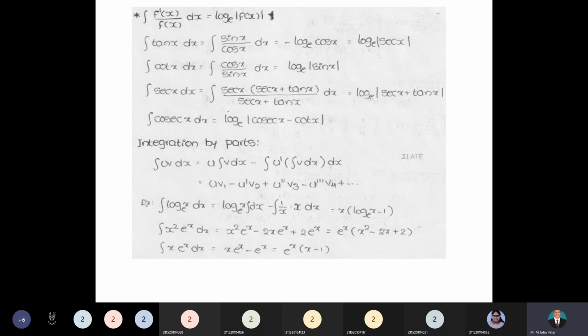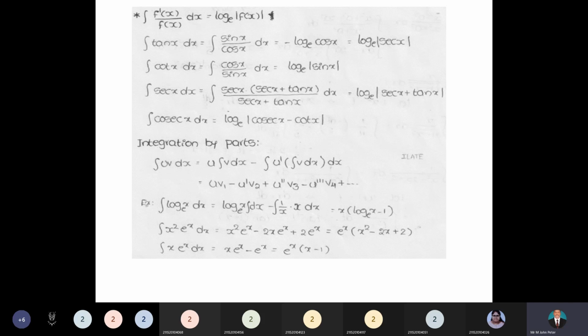Then integration by parts. When two different functions are in multiplication, that is the UV formula, the chain rule formula, otherwise integral by parts. Integral u v dx is u into integral v dx minus integral of u dash into integral v dx. Otherwise, you can write the formula as u v1 minus u dash v2 plus u double dash v3 minus u triple dash v4 and so on.